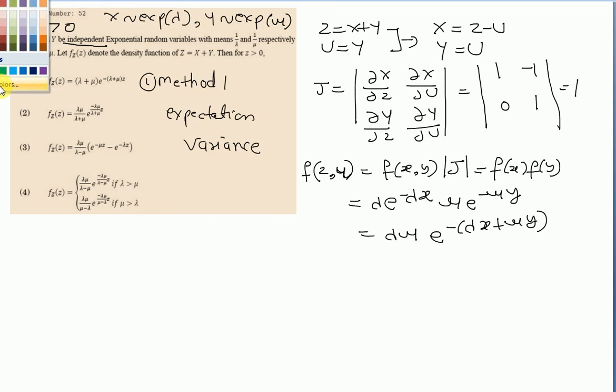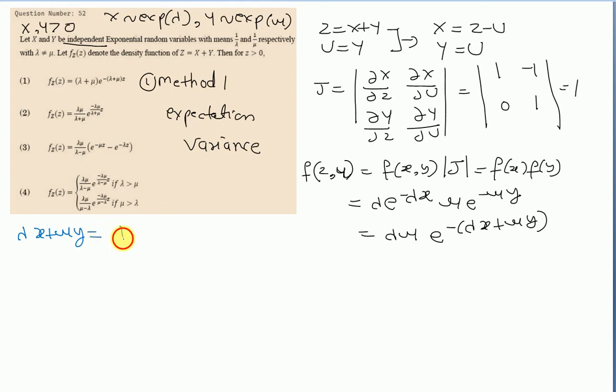Now see, lambda x plus mu y can be written in terms of Z and U, because finally we need to play with Z and U only. So lambda x equals lambda times Z minus U, and mu y equals mu U. So here lambda Z minus lambda U plus mu U. Please don't get confused between mu and U, because my handwriting is a little bit confusing.